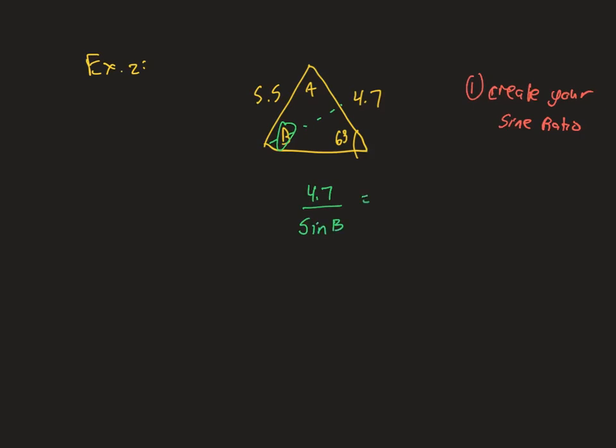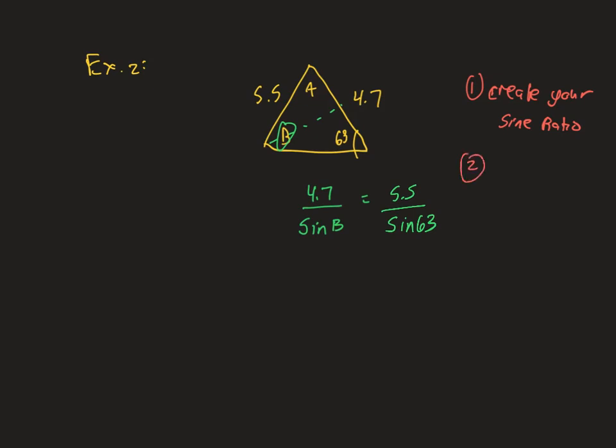Now I need something that is fully legitimate that belongs to each other, soulmates. The 63 degrees belongs with this 5.5, so I can get that set up. Okay. All right. Now, here's where we diverge from the first type of example.